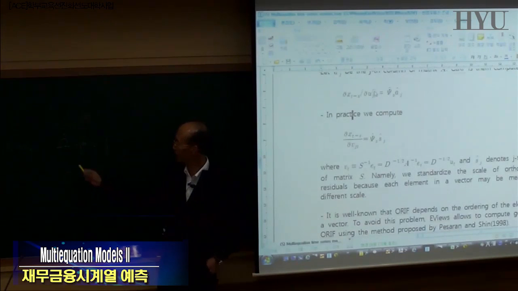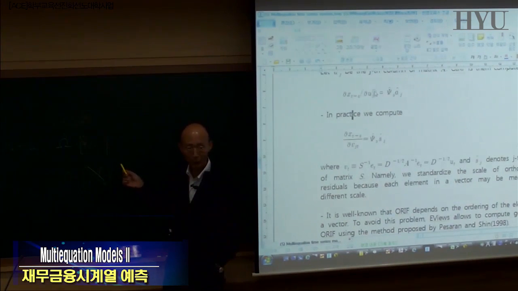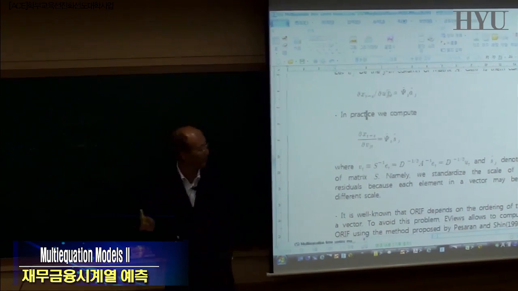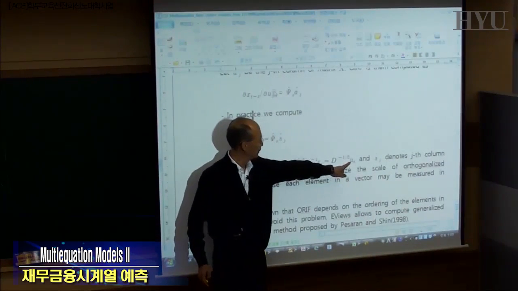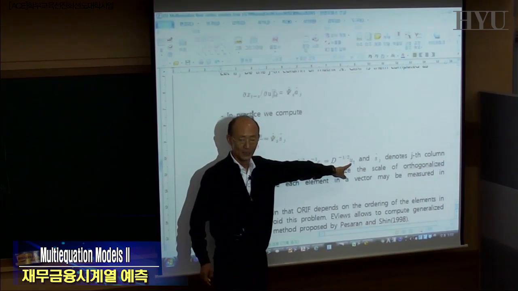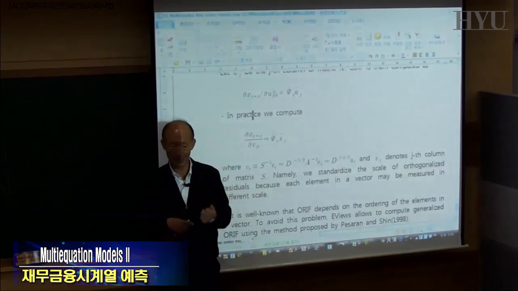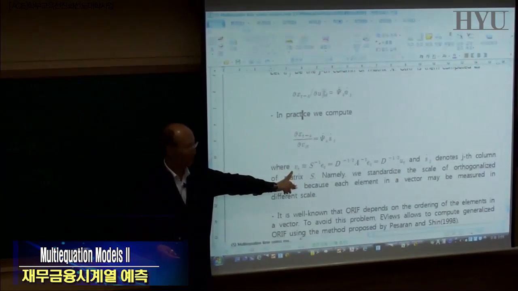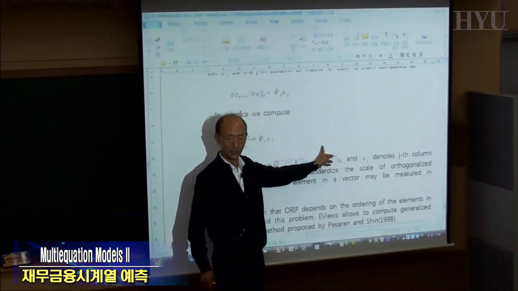So what is D to the power minus half? That means you're actually taking the square root, right? Square root, square root, square root. So that corresponds to this one divided by standard deviations. So it is the standardized residual, right? So orthogonalized residual and then standardized.